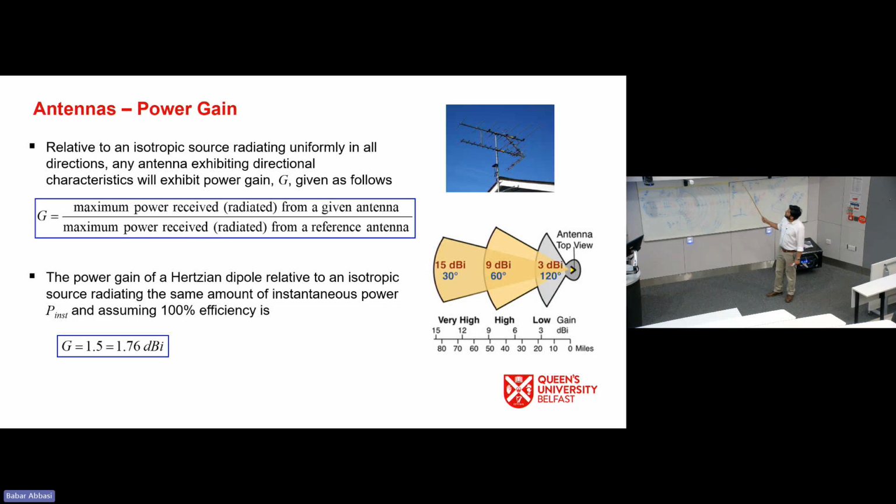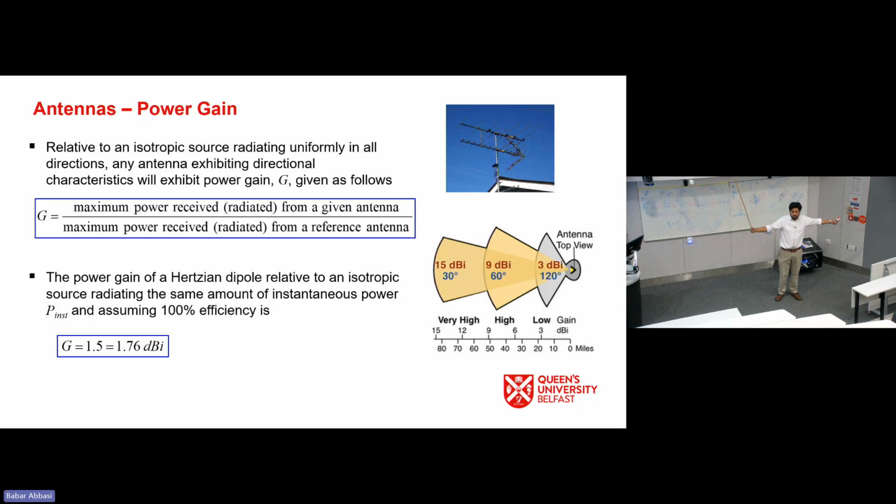If we want to throw energy at a medium level, or say 50 miles, we can use a high gain antenna. Say 9 dBi of antenna gain can push our energy till 50 miles. But my sector will then be pushed down from 120 to 60 degrees.